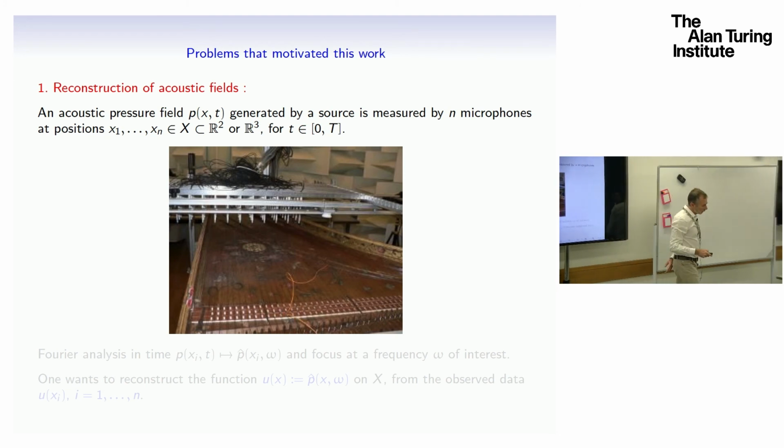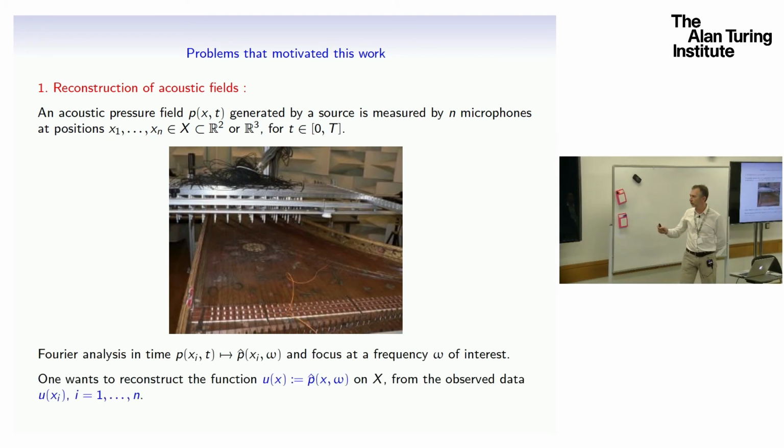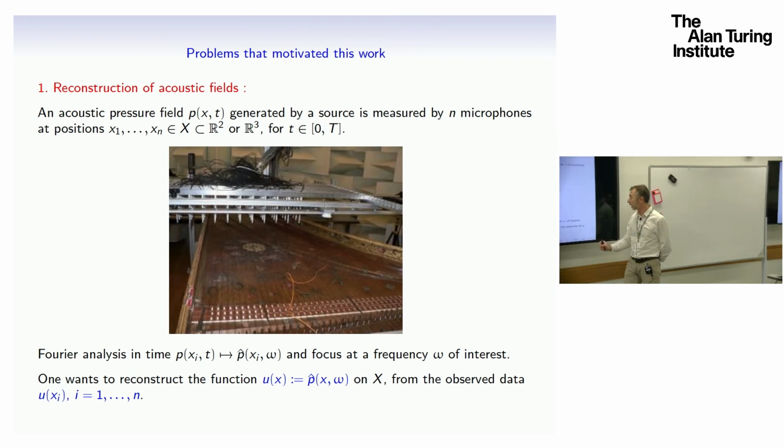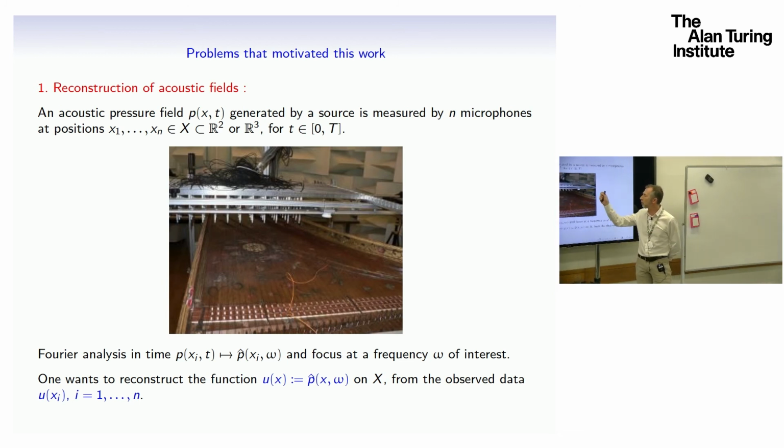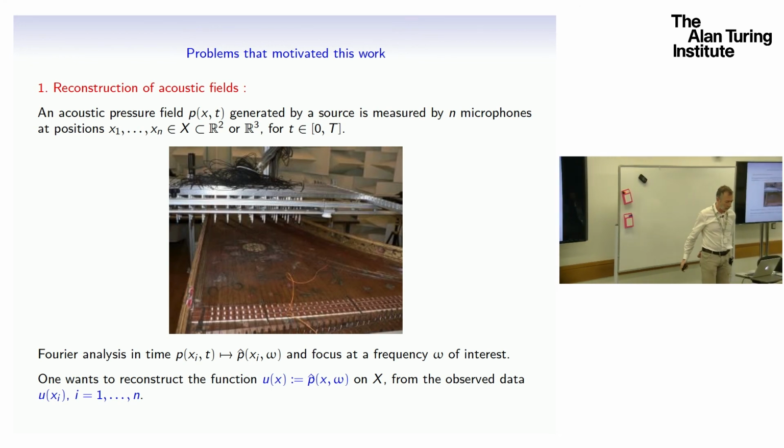And the first thing people do is to proceed to a certain Fourier analysis in time and focus at a frequency of interest. Okay. Once you have fixed the frequency, what are you doing? Essentially, you are collecting a function of the space variable at various locations, which are these microphones. Okay? You try to do something out of this.